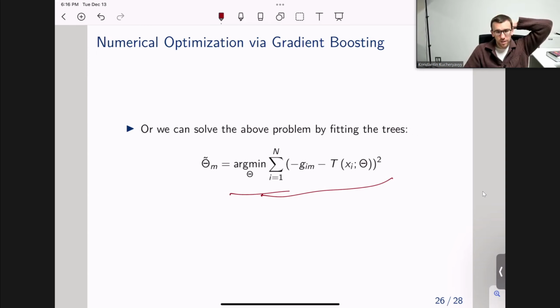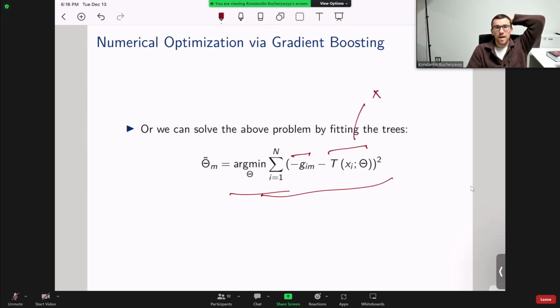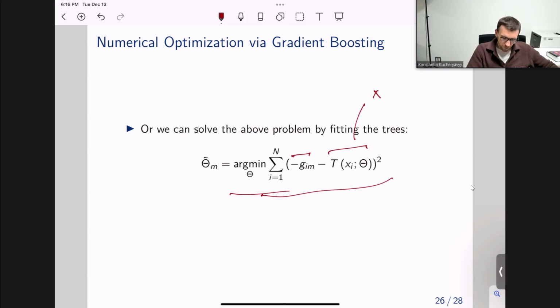Why are we doing this again? Because that would be our nonlinear fit to the derivatives. Then, given this tree, we can now calculate its value at any x. And now it's a function. So we go from the derivatives to the function.